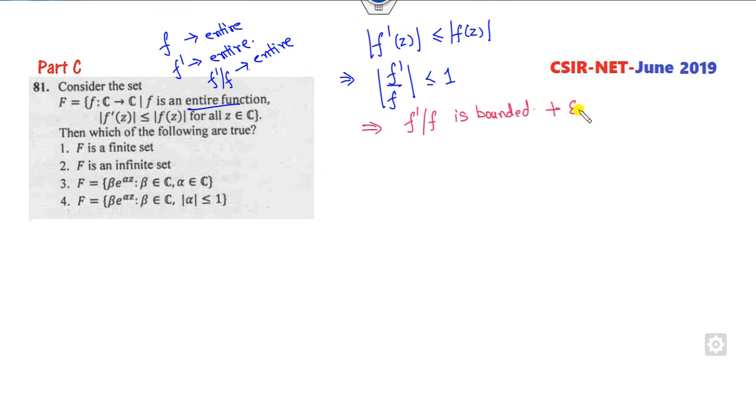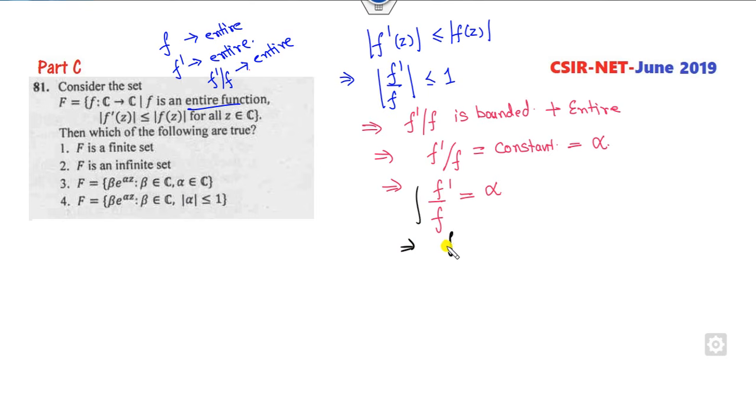Now look at that. F dash over f is bounded, and f dash over f is entire. What is the meaning of that? F dash over f is a constant. Fine. So once it's a constant, I call this constant alpha, as it is mentioned here. So f dash over f is alpha. Can you find the value of f from here? You can integrate them.